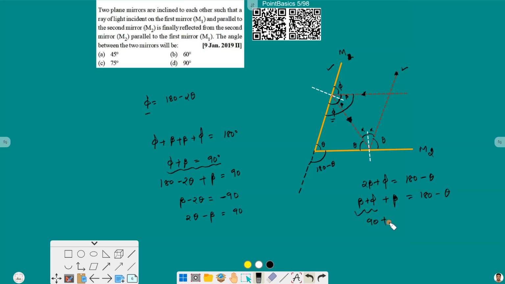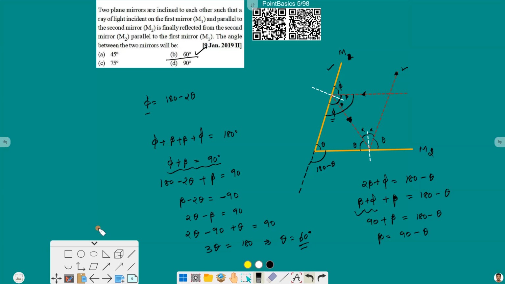So 90 plus beta is equal to 180 minus theta, and from this beta will be equal to 90 minus theta. Substituting it here, we get 2 theta minus 90 plus theta is equal to 90, and from this 3 theta will be equal to 180 degrees and theta will be equal to 60 degrees. So that is option B here. So option B is the right answer.